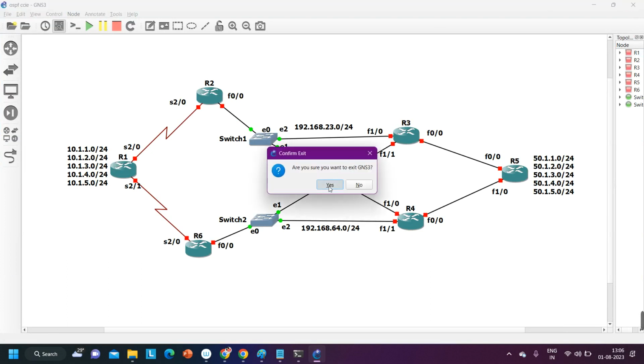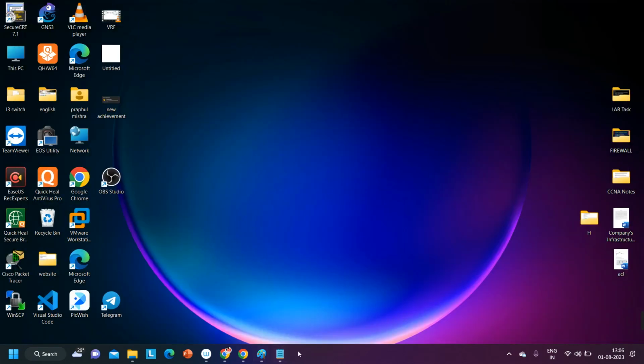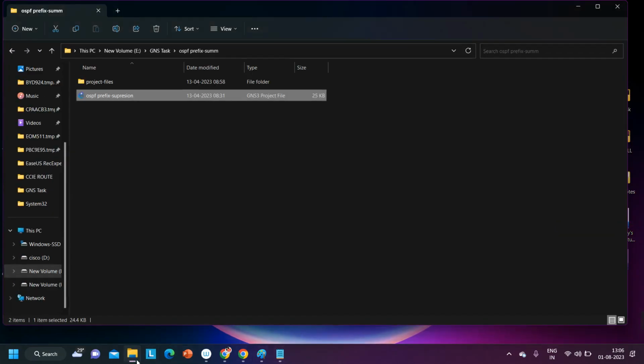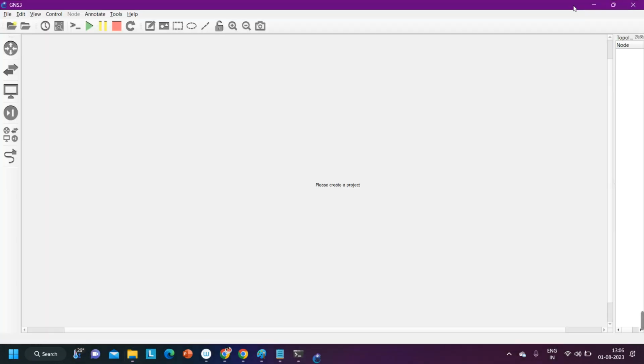No. Where is the topology which I am looking for? I think that topology is in EVE-NG.